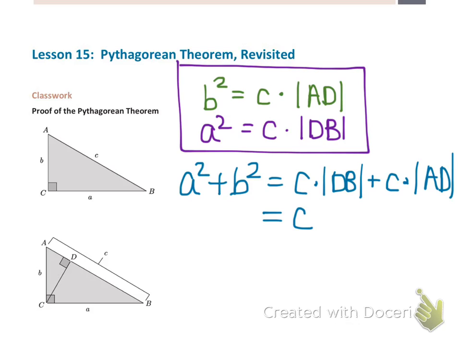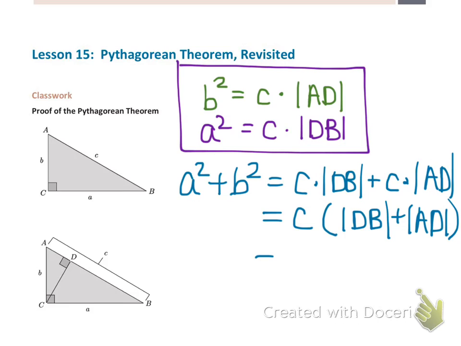I'm basically going to use the distributive property and factor out a C. So I've got C times the quantity length DB plus length AD. You can see why this is true, right? Because if I multiplied C in, like I was doing the distributive property, I would end up with this. So these two expressions are equivalent.